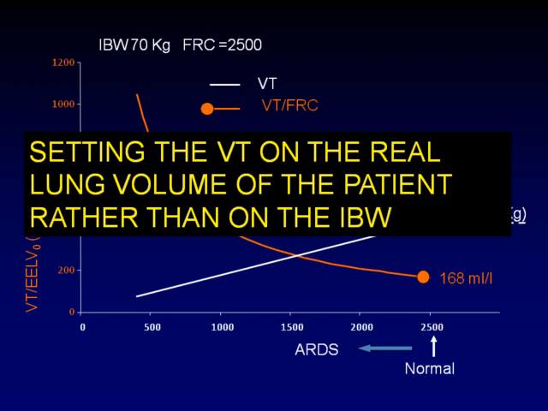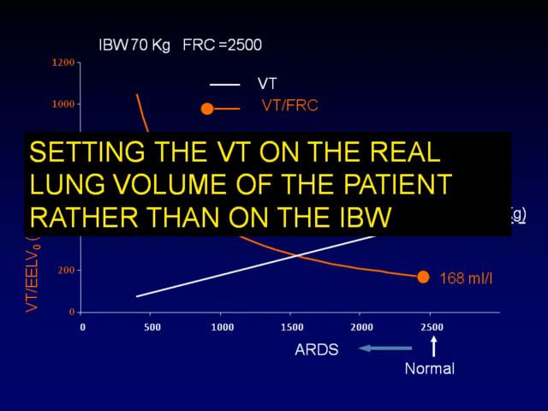if I apply the concept of tidal volume per unit FRC, when I go down with FRC, if instead of 2.5 liters, I have a very severe patient, 500 milliliters end expiratory lung volume, now per liter of FRC, I almost have 1 liter tidal volume.